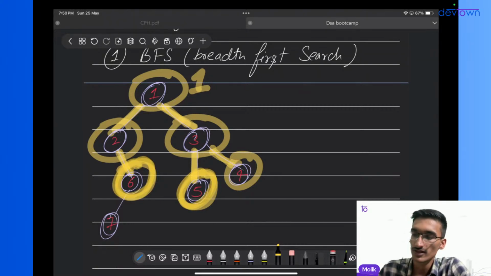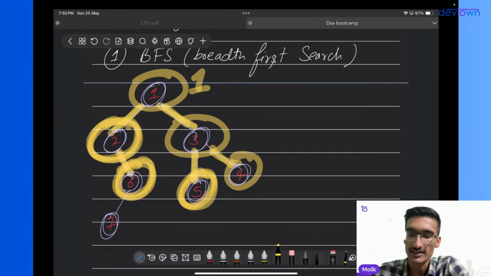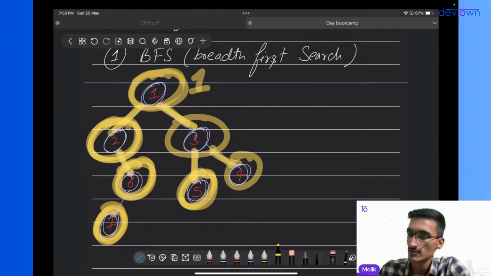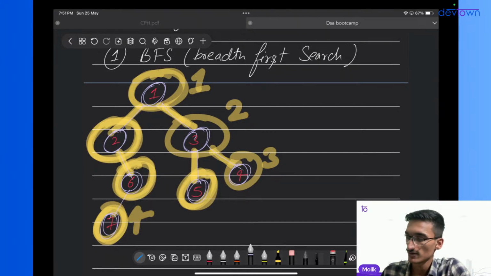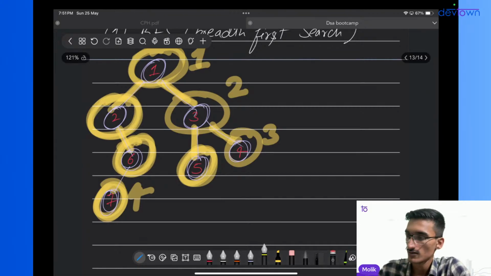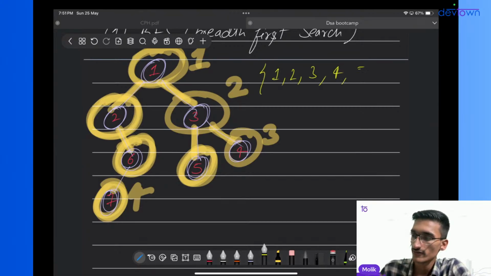So it's simply sort of like a level order traversal. This is the second, this is third, this is fourth. So how you will process in this case is 1, 2, 3, 4, 5, 6, and then 7.